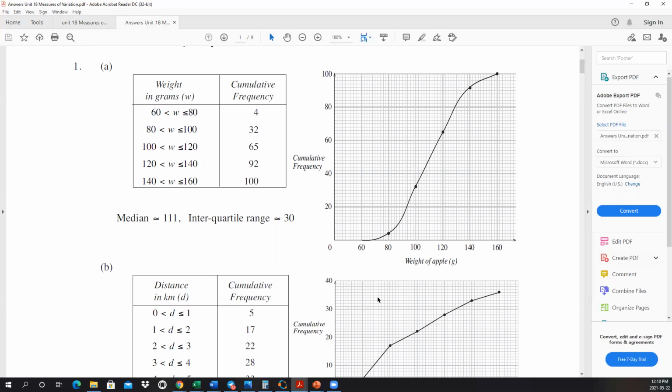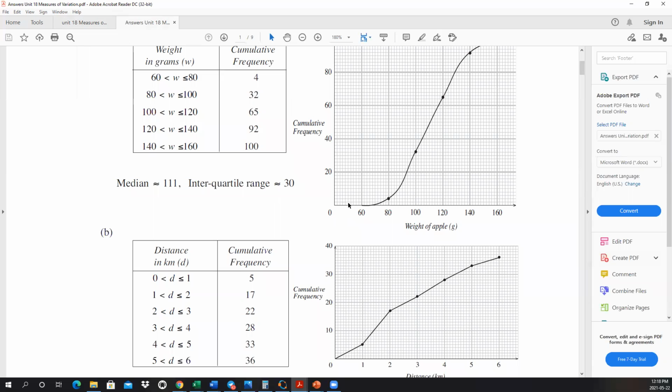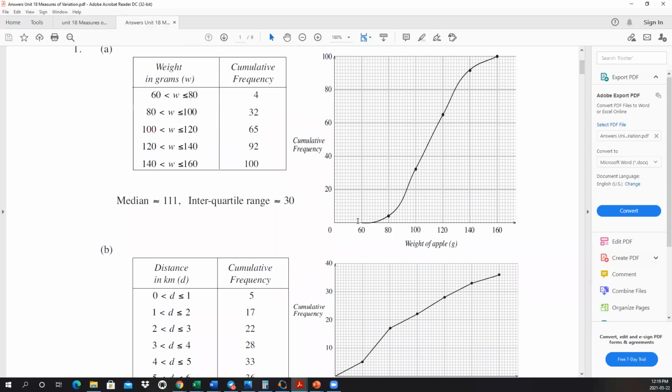This is 0 to 60. So there's a break right here. If they were to draw it to scale, this box should be 3 times this box.